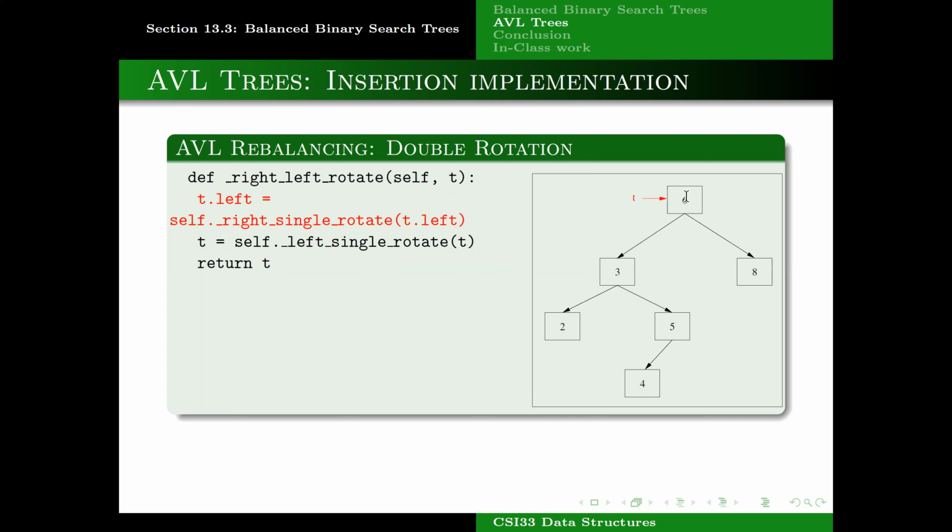So from here on, let me see where the insertion happened. I went left and then I did right. So it is the double rotation. And I have to undo this one, kind of rotate left, and to undo this one, rotate right. But you see how the method is called. It's right subtree of the left child. So right subtree of the left child of this node. So it's all with respect to this node. This is the left child and this is the right subtree.